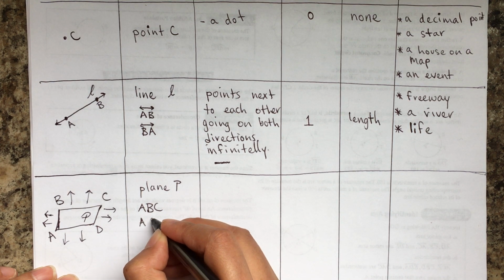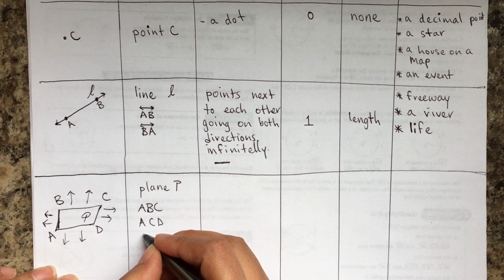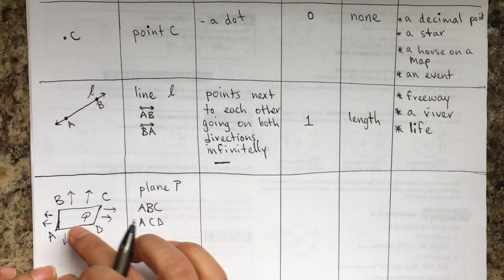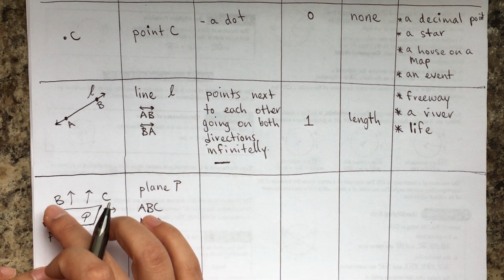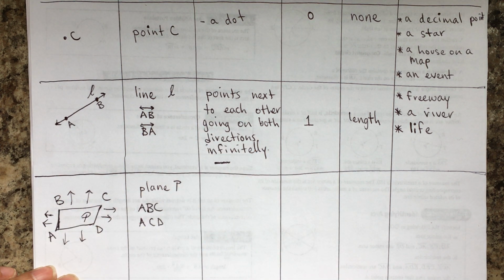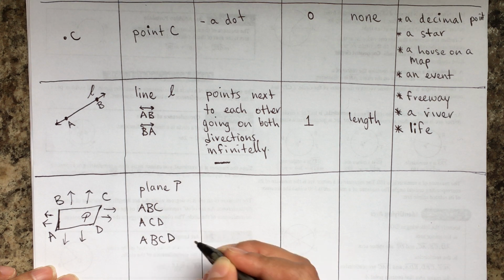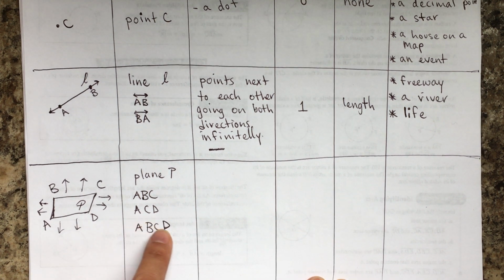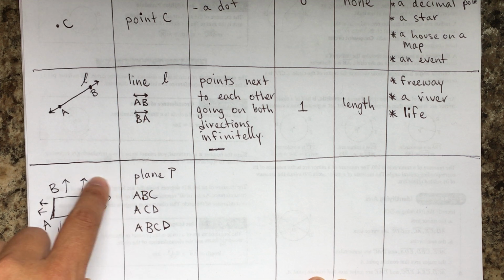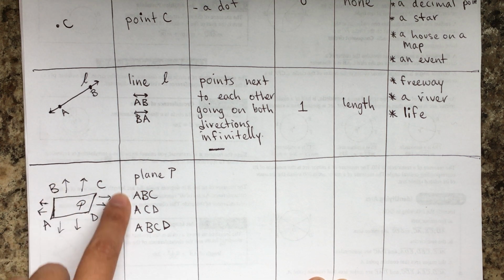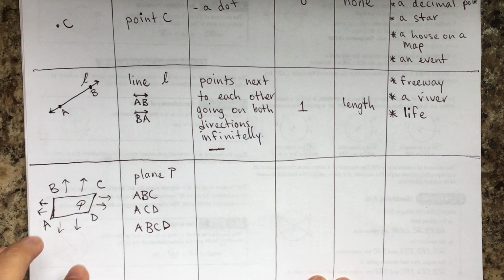Plane ACD, or maybe you can use to label a plane, you will need 3 different letters. You don't have to use all 4 of them, or if you want to, you can call it plane ABCD using all the letters, or any combination of 3 letters in any order. It doesn't matter. You can just use any 3 letters, or 4 if you wish to.